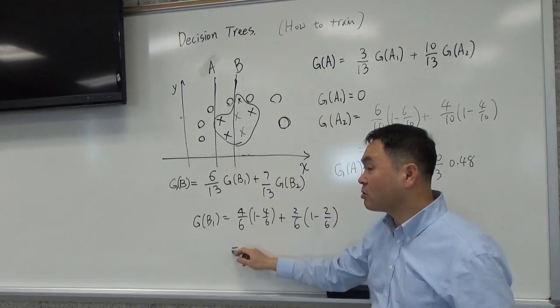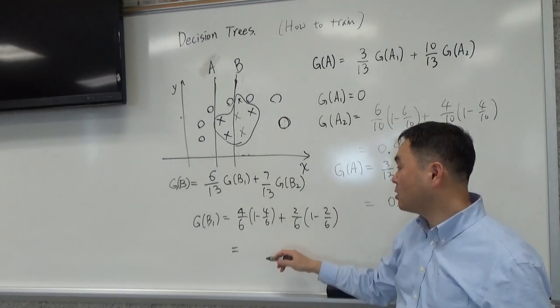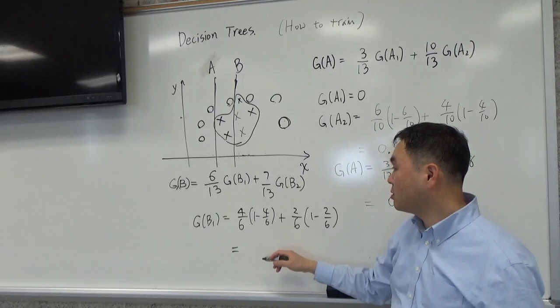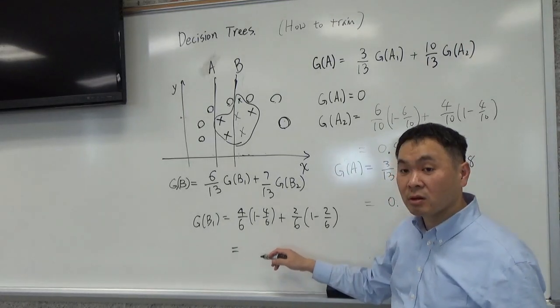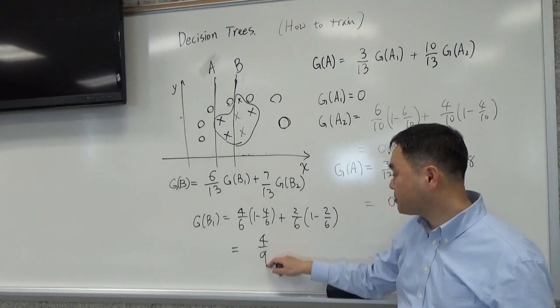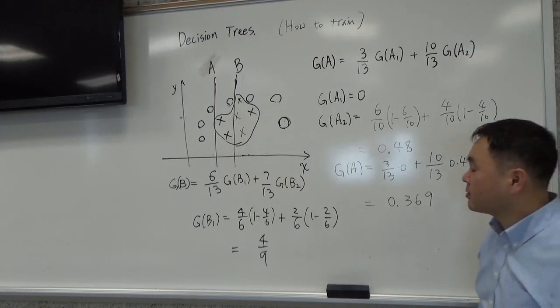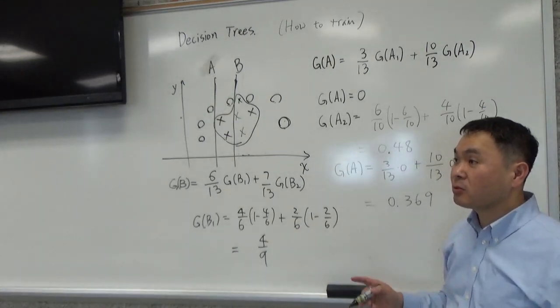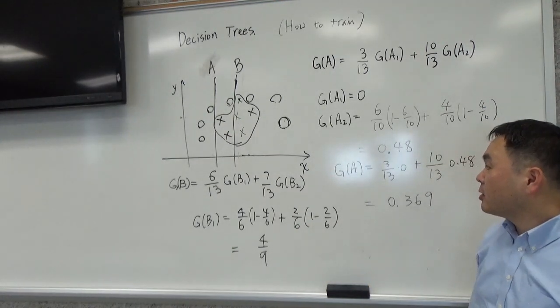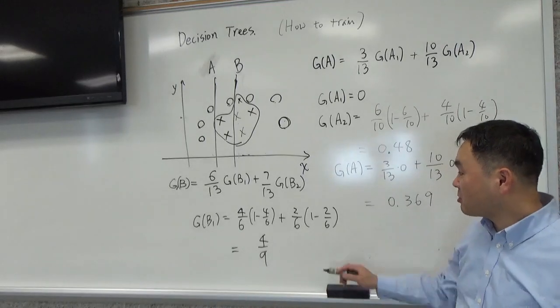So what's that? That's 2/3 times 1/3 plus 1/3 times 2/3, which is 2 ninths plus 2 ninths. 4 ninths. Okay. All right. So that's GB1.